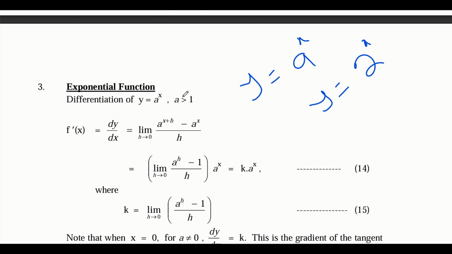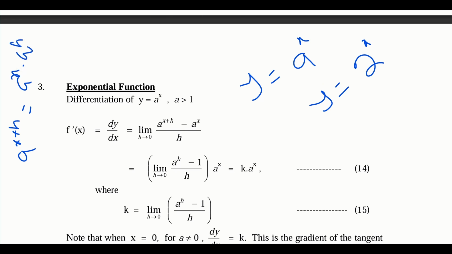Then you have to substitute the corresponding variables, right? So you realize that before you allow h to approach 0, a raised to the power x is here and a raised to the power x is here. Remember your indices: a raised to the power x plus h is the same as a raised to the power x times a raised to the power h, right?